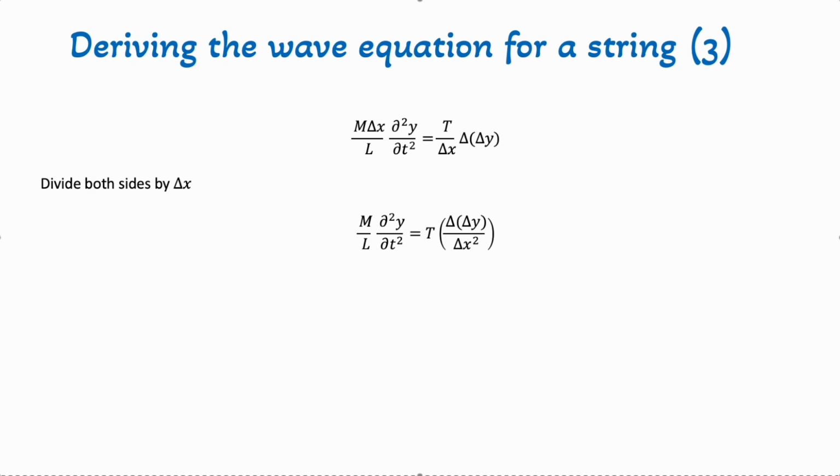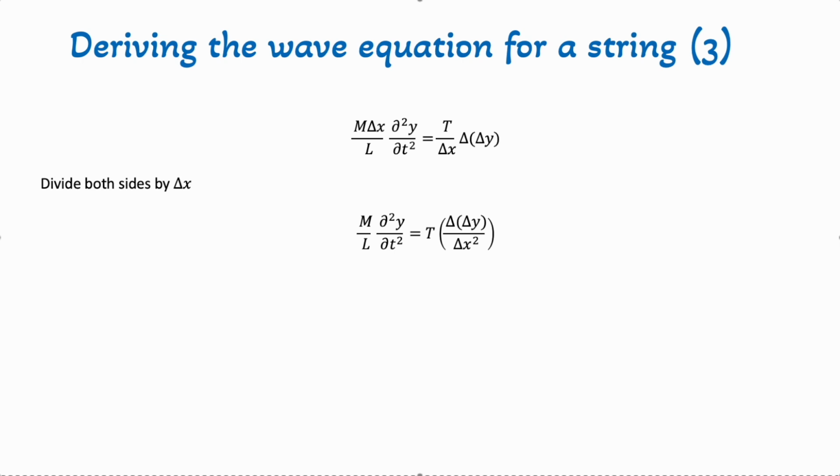I'm going to take this m over L, which is the mass of the whole string, divided by the length of the whole string. And I'm going to give it a single letter to represent it, which is the mass per unit length. So in other words, it's how thick and heavy a string I have, how many kilograms per meter of that string I would have. And I'm going to denote that by the Greek letter mu.